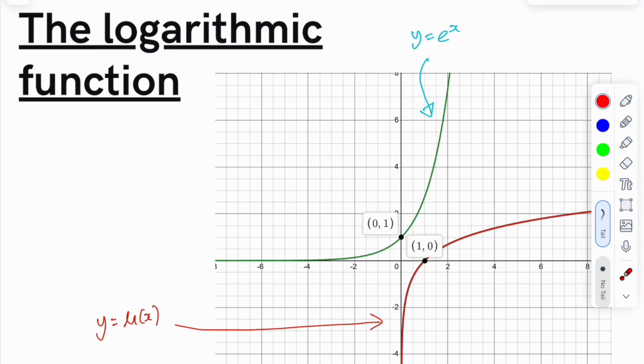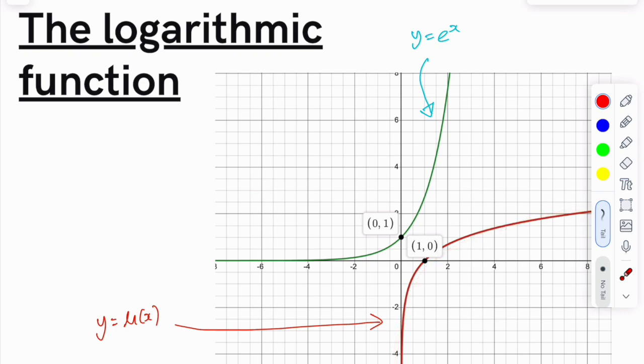It intersects the y-axis at x equals 0, and it intersects at y equals 1. This makes sense because if x equals 0, y is equal to 1.